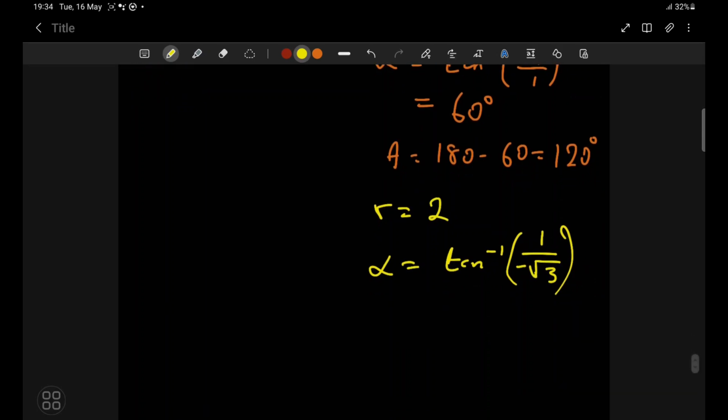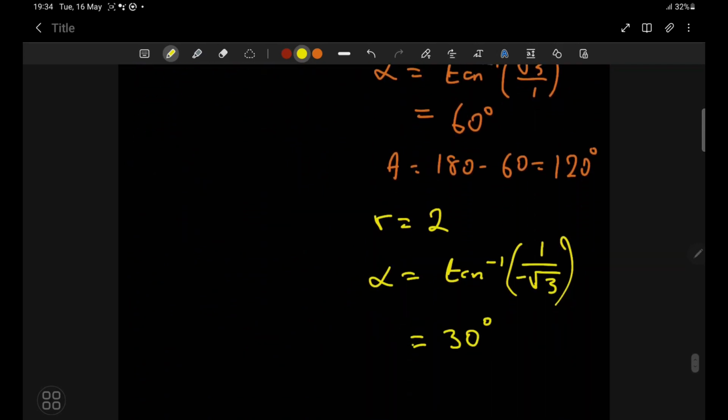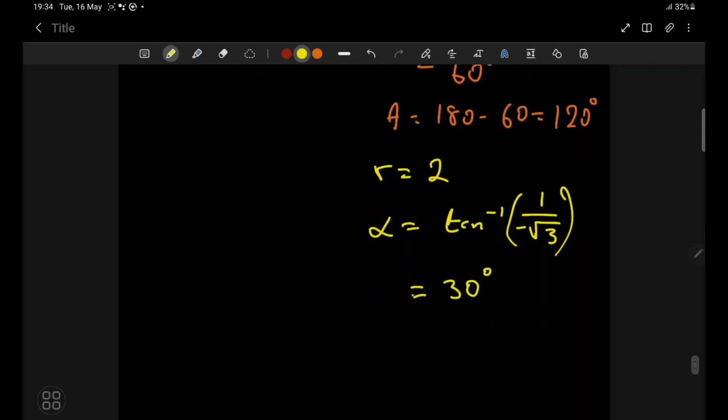is 30 degrees as reference, and where tan is negative, our focus is in the second quadrant, because in this case the real part is negative but the imaginary is positive, so we're in the second quadrant, and in the second quadrant tan is negative.